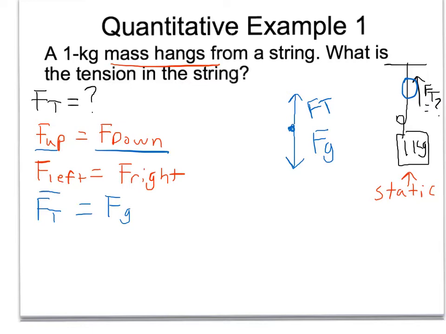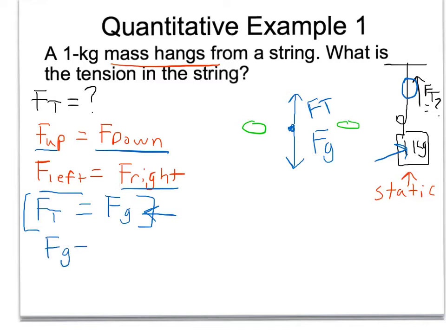I also know that my left forces equal my right forces, but if I go back to the diagram, there are no left and right forces to worry about. Okay, so now, using this simple equation I've set up right here, Ft equals Fg, I can find Ft. To do that, I will find Fg, which I can do easily because I have a mass.